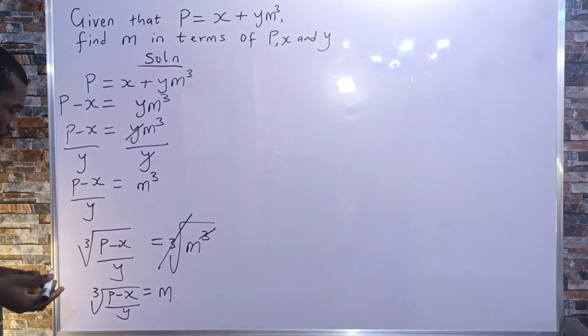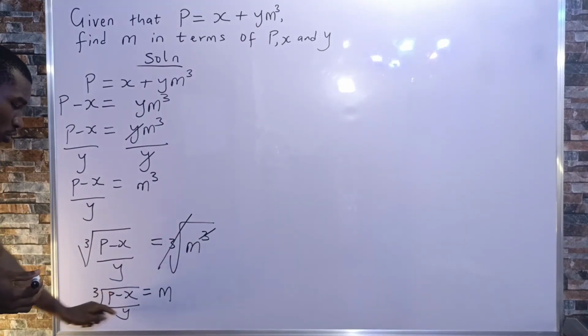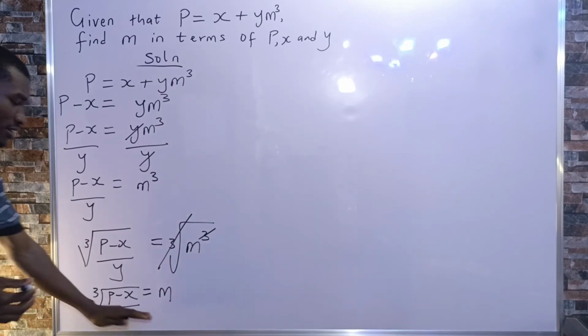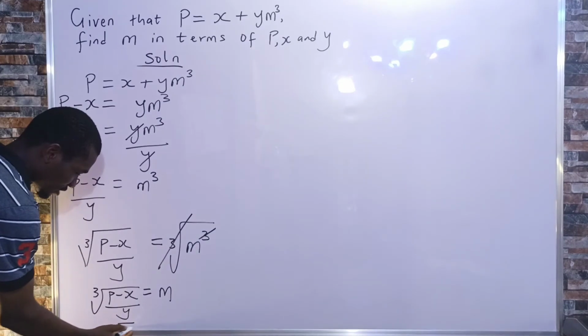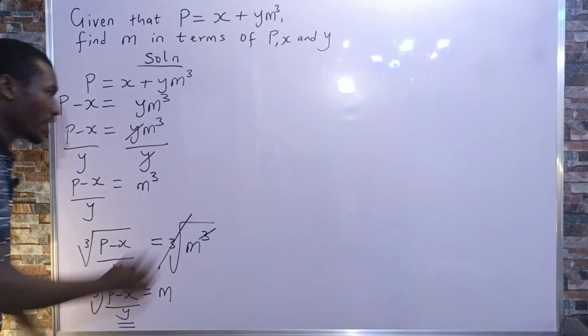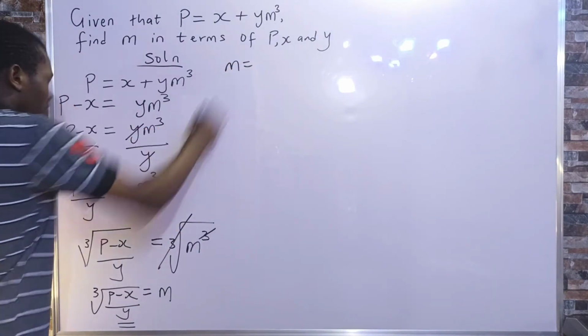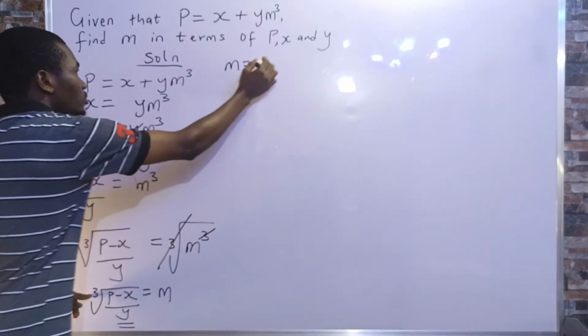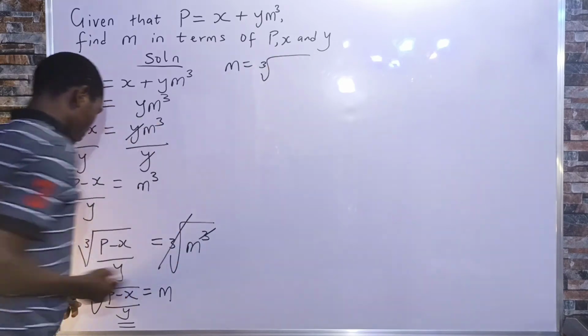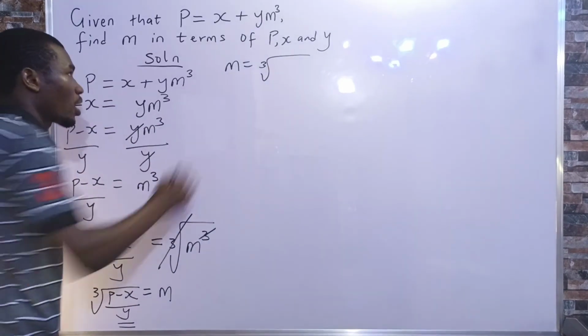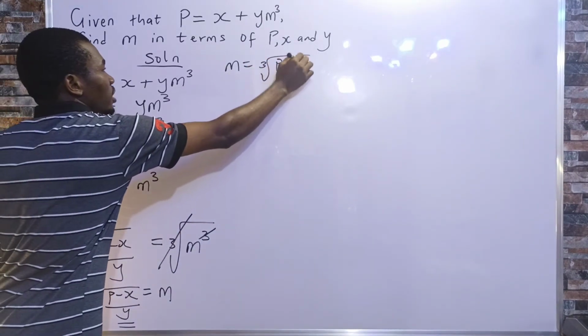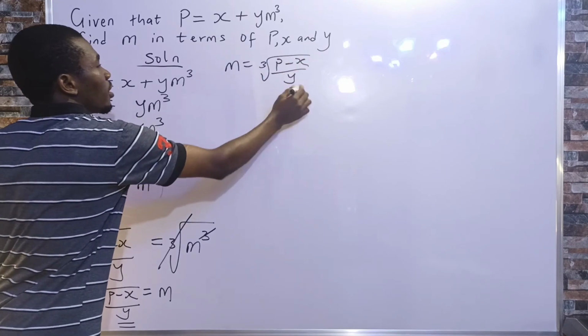Obviously it will be difficult for me to take the cube root of the quantities here, so I think we shall end here. So this is our answer. That means that our m is equal to the cube root of p minus x, that is all over y.